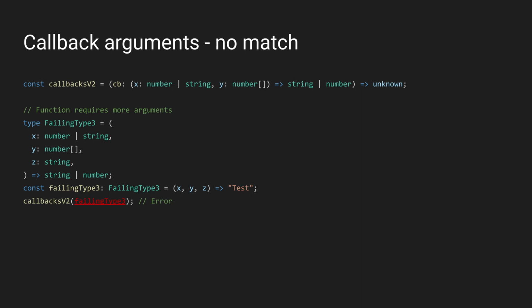Of course, if the passed function expects more required arguments than specified within the callback type, this would also trigger a TypeScript error. Inside callback v2, the function will be executed with only 2 arguments, which is invalid. These examples of accepted and invalid callbacks should help you build an understanding of how matching of function types works.